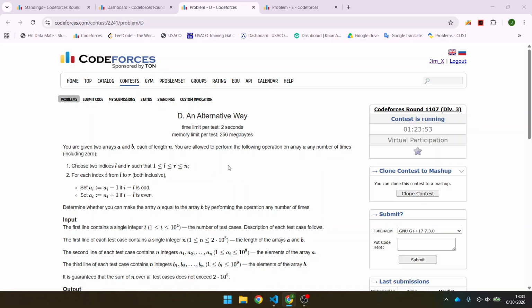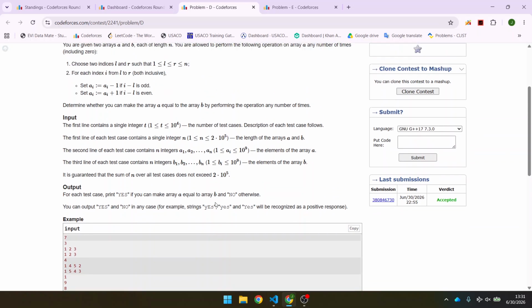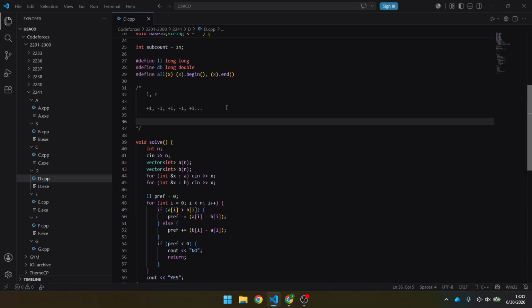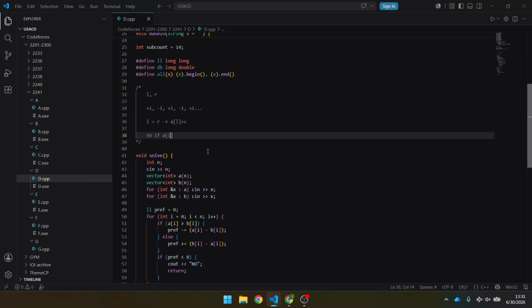And then problem D. Let's see how to explain this. Note that you can choose L equal R, and then this just means A_L plus plus. So if A_i is less than B_i, you can always change A_i to B_i using L equals R. But is this always the best way?